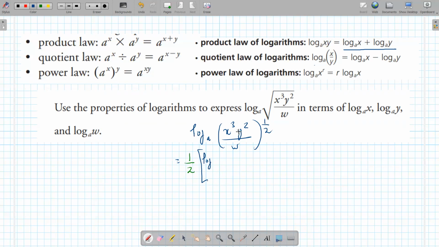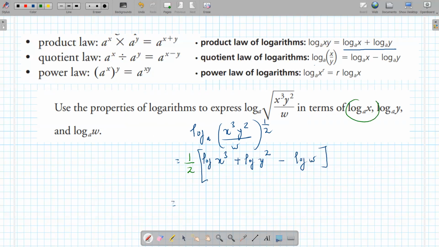How do we split them up? You add them. So this becomes log of x cubed plus log of y squared. What about the w that's in the denominator? Add or subtract? You subtract. So minus log of w.